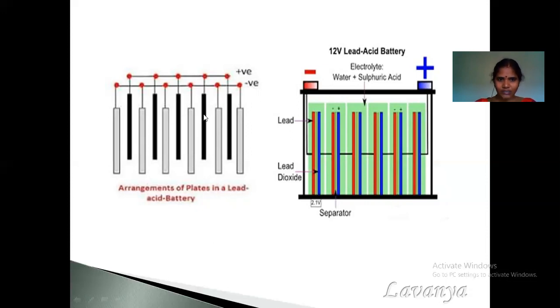They will be arranged alternatively, and all the anodes will be connected to one terminal, and all the cathodes will be connected to another terminal. The same thing I have represented here. Each lead is covered on both sides with lead dioxide, which is the cathode, and it is dipped in the electrolytic solution. They are arranged in series.